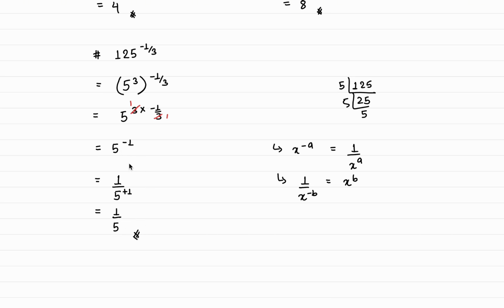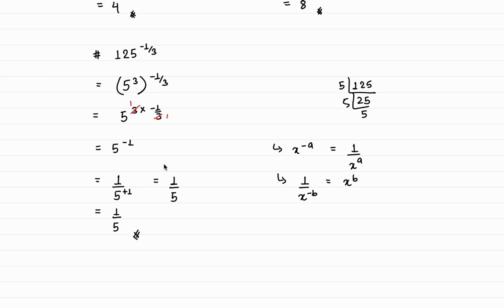We can also directly write this as 1 over 5, because the negative 1 becomes positive 1 in the denominator. But you might get confused, like, where did the negative 1 disappear, right? Just for that reason, I'm showing this process. The negative 1 is becoming positive 1 when it goes to the denominator, and this is ultimately 1 over 5, okay? And that's our fourth question.